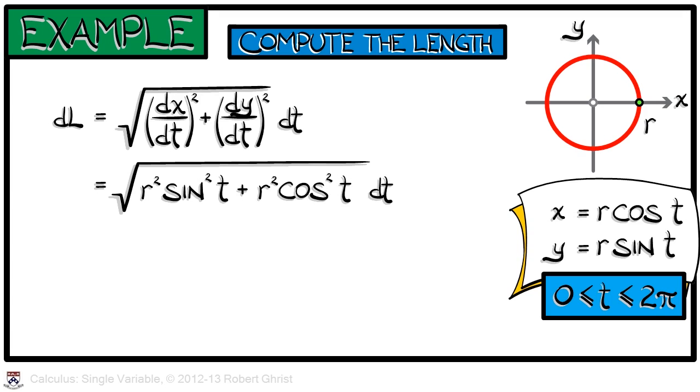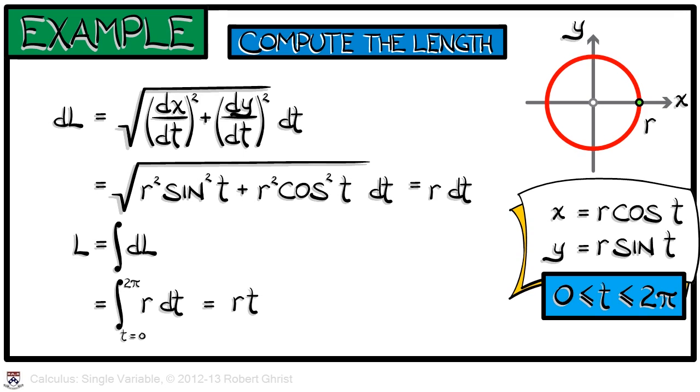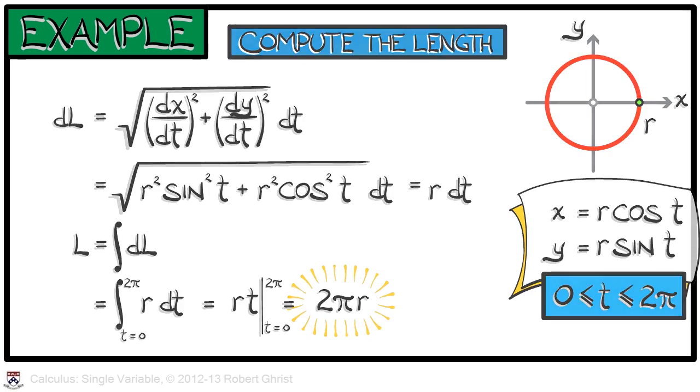We see that it's easy to factor out an r squared, and applying the simplification sine squared plus cosine squared equals 1, we have an Arclength element that is r dt. And to compute the length, we integrate r dt as t goes from 0 to 2 pi. And that gives us simply 2 pi r, the answer that we all know.